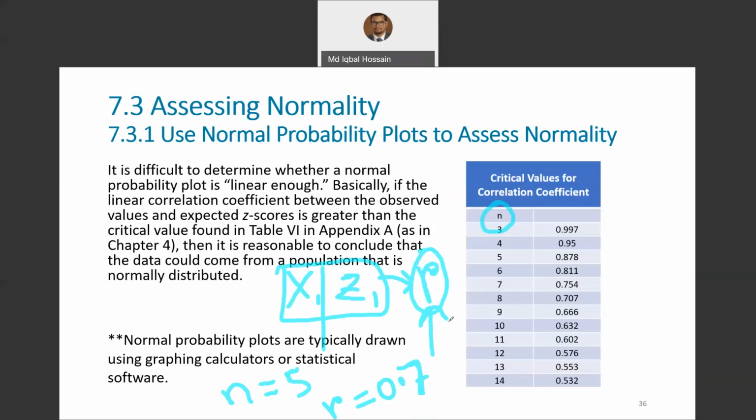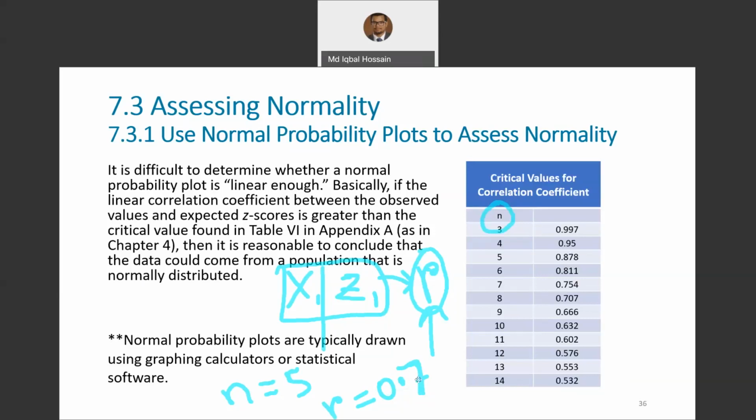Now, how do we make a decision from these critical values? We have sample size 5. When the sample size is 5, the critical value is 0.87, but our value is 0.7, which is smaller than the critical value. So we will say the linear relationship is not significant.